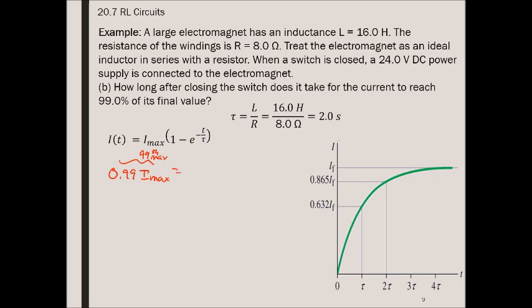And we're going to set that equal to our function of time, t over tau. And I went ahead and calculated the time constant. It's just L over R, so it's 2 seconds. So we'll need that in this problem. So we got 0.99, and then the maximum cancels out on both sides, equals 1 minus e to the negative t over tau.